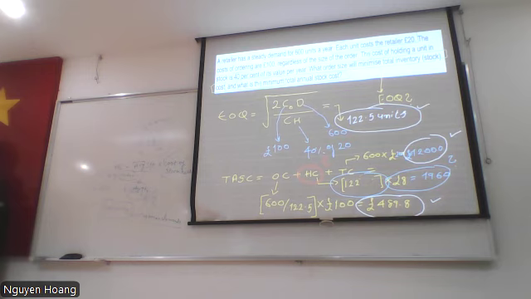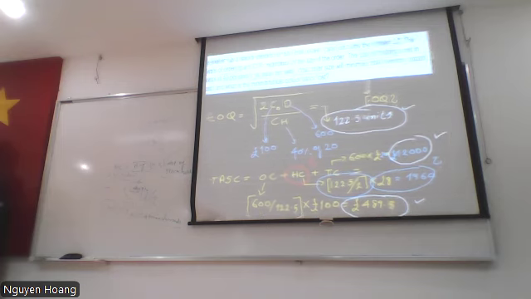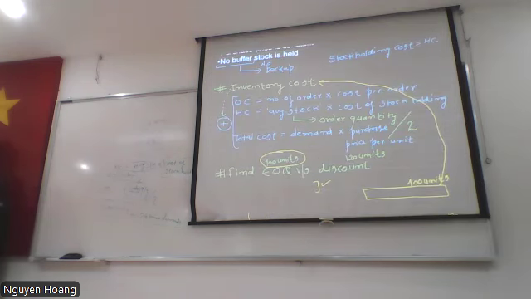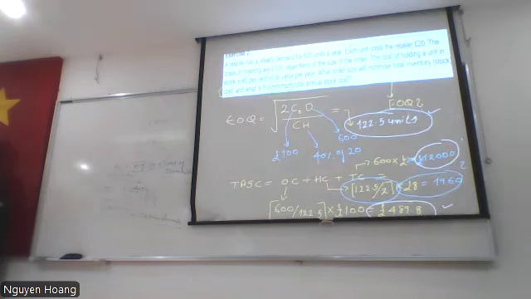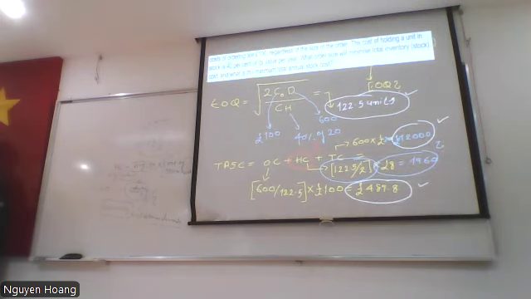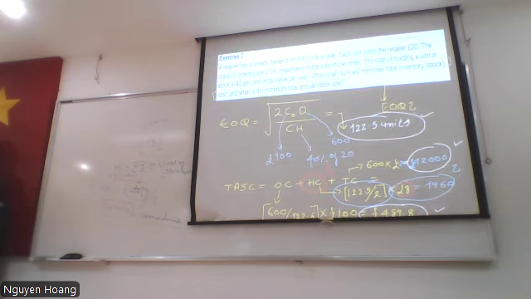So 122.5 divided by 2, then multiply by 8, which is your cost of stock holding. So how did we get this 8? Remember how we got this 8? Yes.